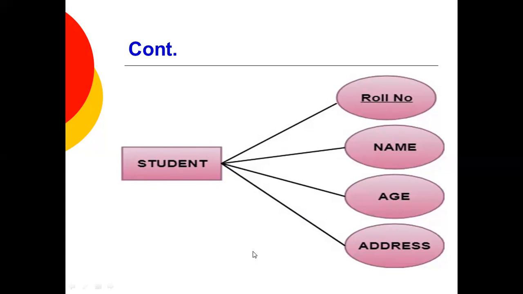We can elaborate more, maybe with some other items related to students. These are not fixed attributes: roll number, name, age, address. You can also increase them. It depends on the user, what type of table he is going to form and what type of data he is working on.